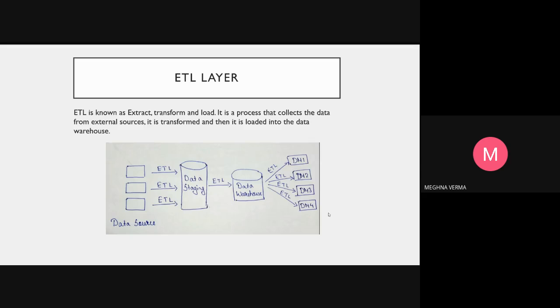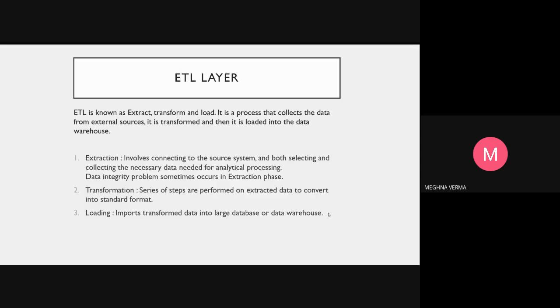The data is stored from the warehouse to the data marts after performing some ETL operations. Right from the beginning, when the data is brought from the source to the staging area, the extraction is performed. Then further, the transformation of data is performed, and while bringing the data from the warehouse to the data mart, some loading is performed. We'll see the definition of extraction, transformation, and loading.